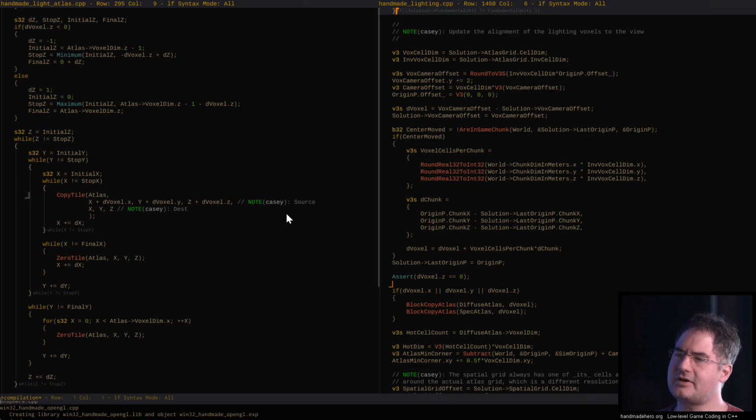So if the voxel cell dim caused the multiple to be too high, that would do it, I guess.